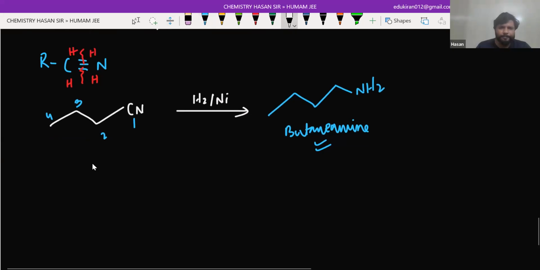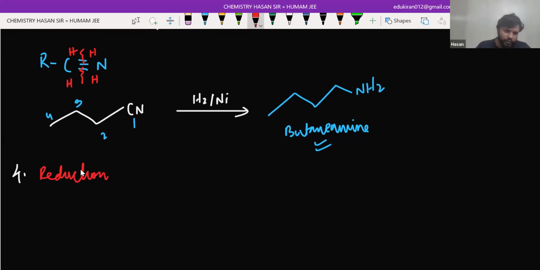Now after this, we have another method of preparation, and that is the fourth one, reduction of amides. This is also easy. Amide, RC double bond O NH2. This is your amide.